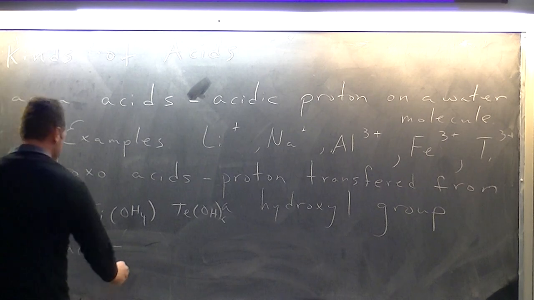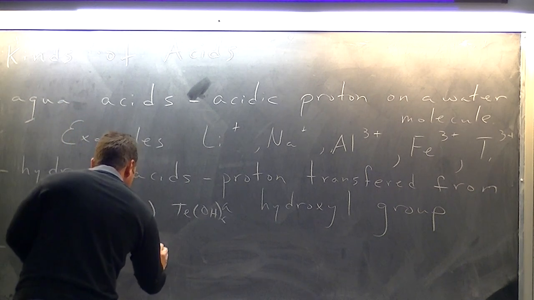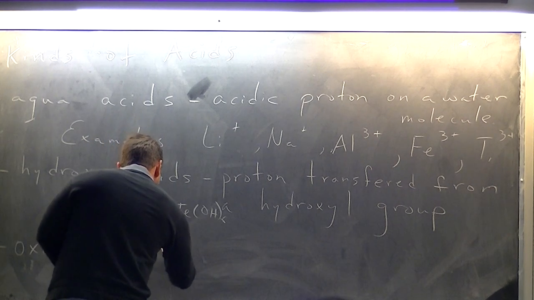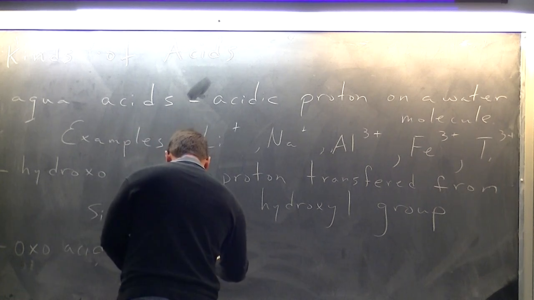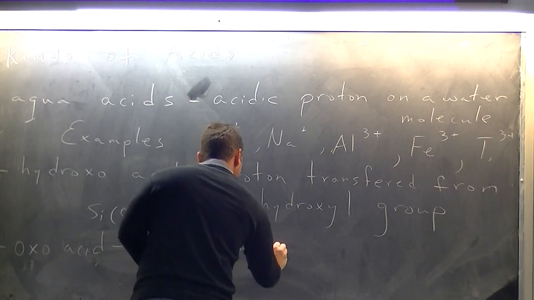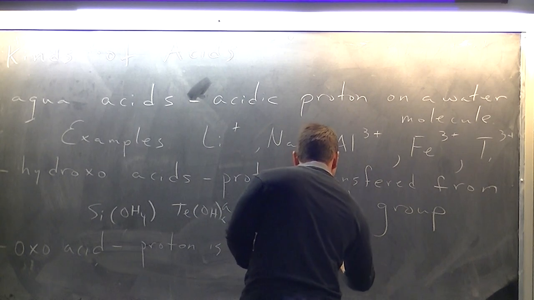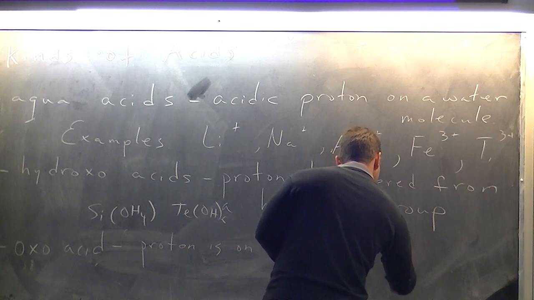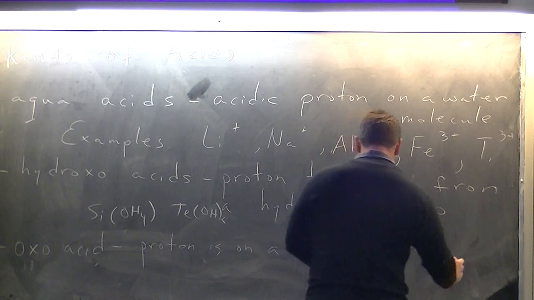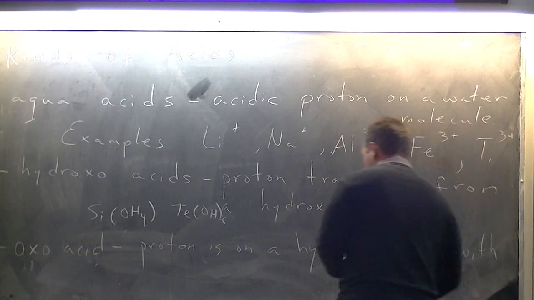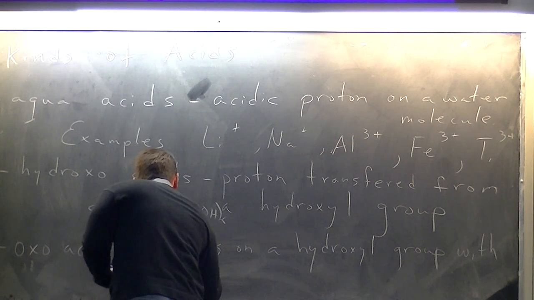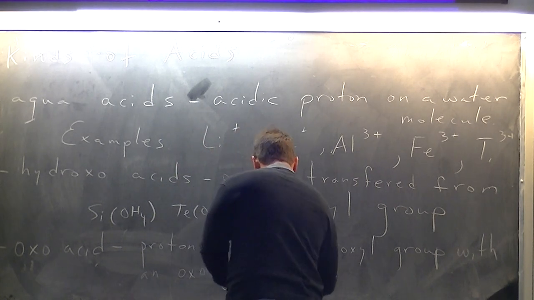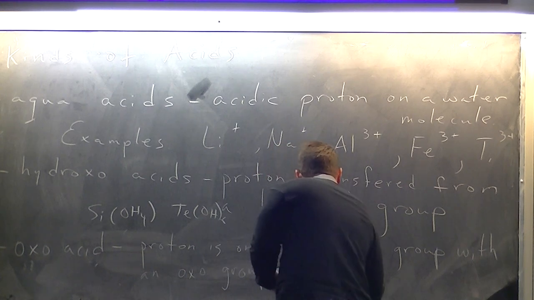And the oxoacid is defined as an acid in which the proton is on a hydroxyl group, with an oxo group at the same time.